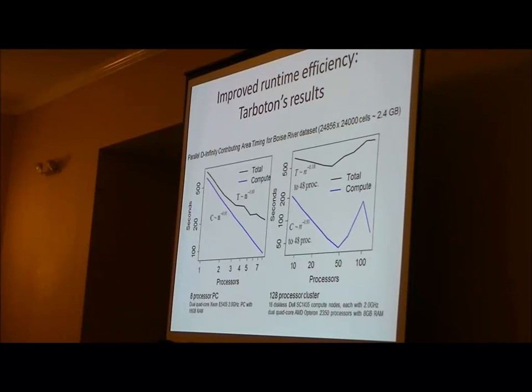He does a slight trick, because he separates the computing time from the total time. Total time tends to go up because you get more overhead the more processors you have, from splitting the problem into many pieces and reassembling it at the end. That's why the black line starts to drift above the blue line.